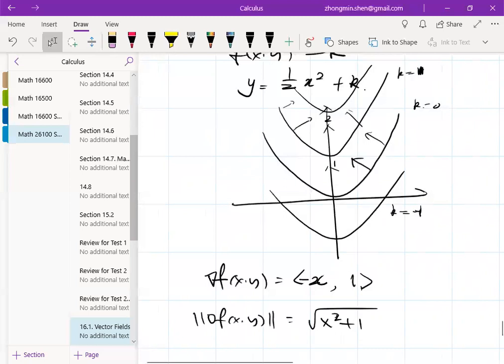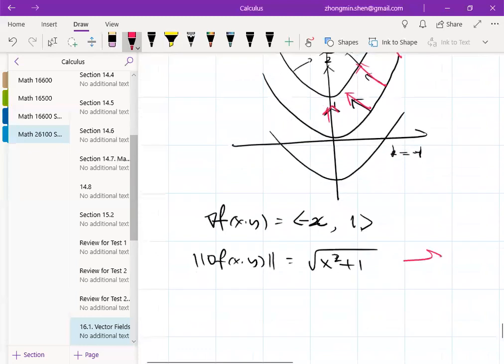So when you draw the graph, this will be the unit vector, and then they get longer and longer, as long as it's getting away from the y-axis. This actually goes to positive infinity as x goes to both positive infinity and negative infinity.